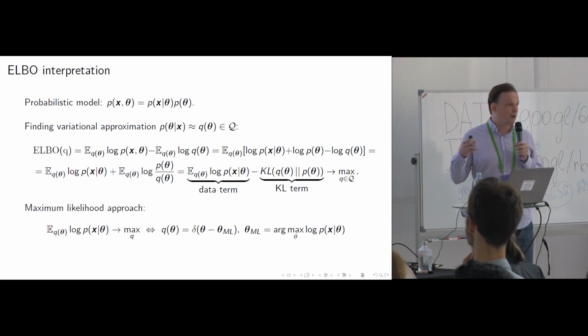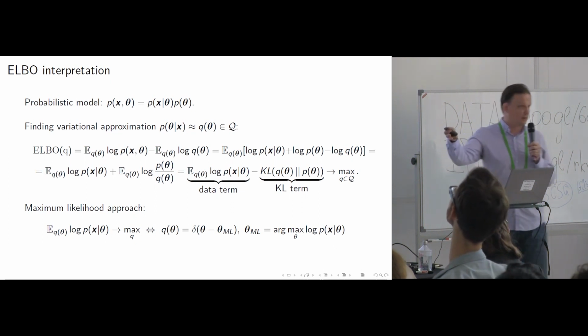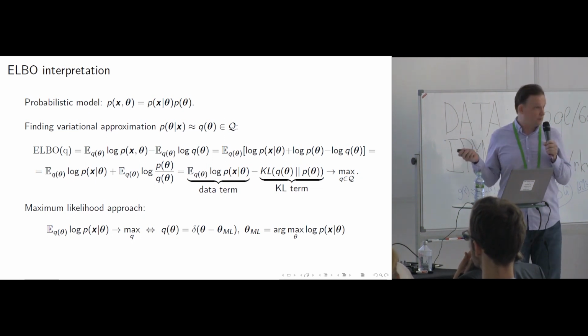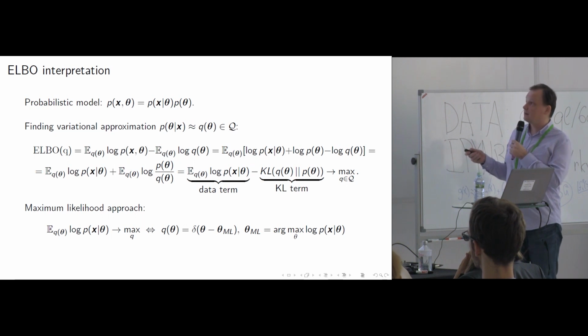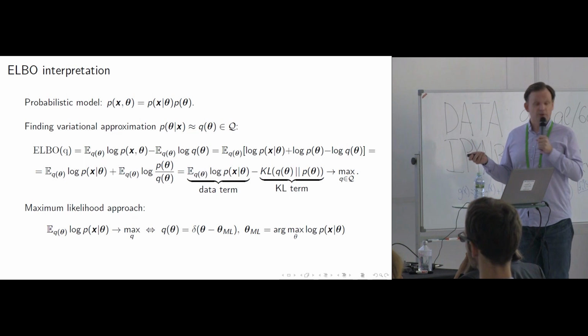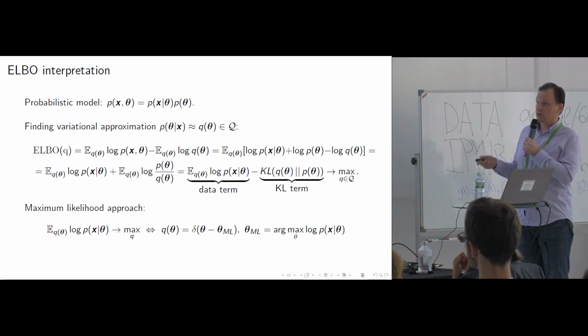And imagine that you have a huge data set, a huge number of points. And in this case, the data term overweighs the KL term, dominates it. And actually, our variational inference scheme would just turn to the maximum likelihood.